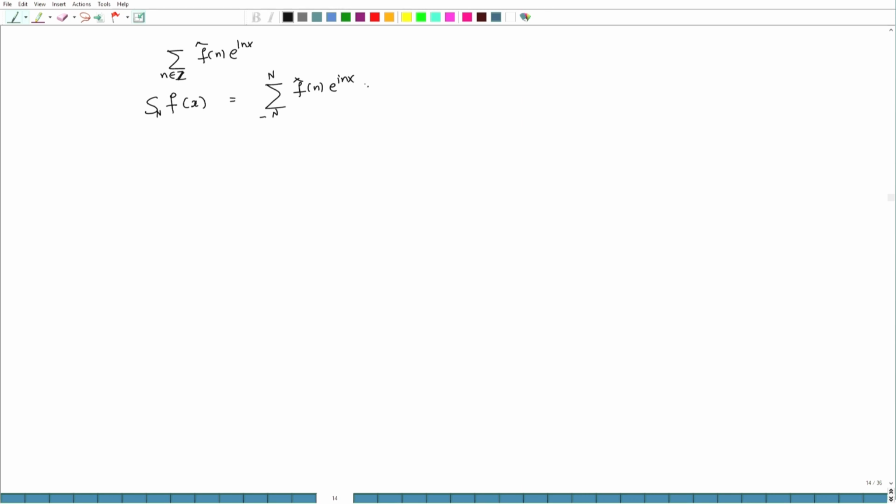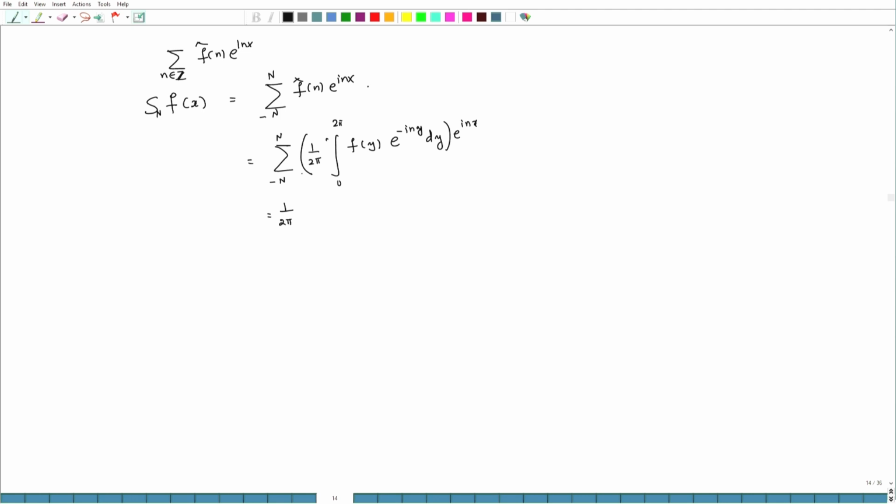Now, let us look closely at how this partial sum looks. This is equal to summation over minus n to n of 1 by 2 pi integral 0 to 2 pi f of y e to the power minus i n y dy e to the power i n x. This is equal to 1 by 2 pi, a scalar we can take out.